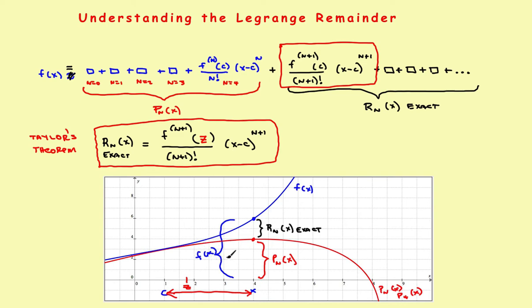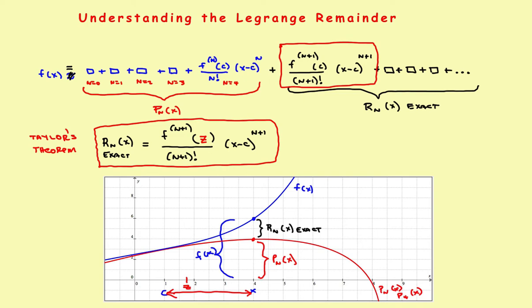Now you should be thinking, wait a minute, if I can get all this exactly, what do I need Lagrange for? Where does Lagrange come into all this? So far all we've done is look at Taylor's theorem, with no thought of Lagrange at all. So let's move to the next page, and you'll begin to see where Lagrange comes in and why he's important.